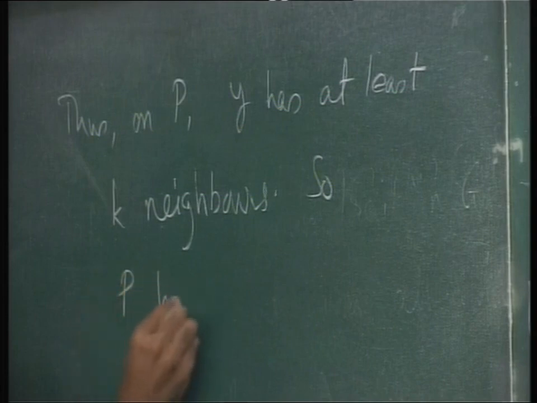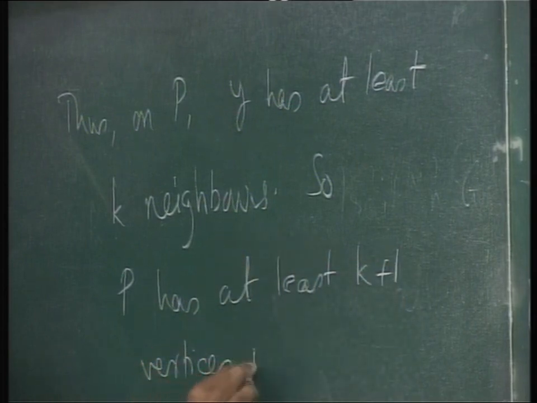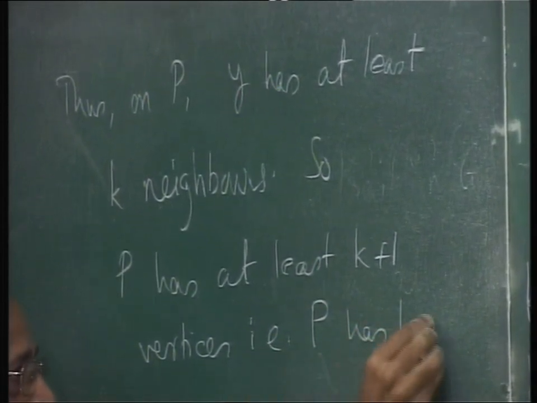So P has at least k plus 1 vertices. That is, P has length at least k.